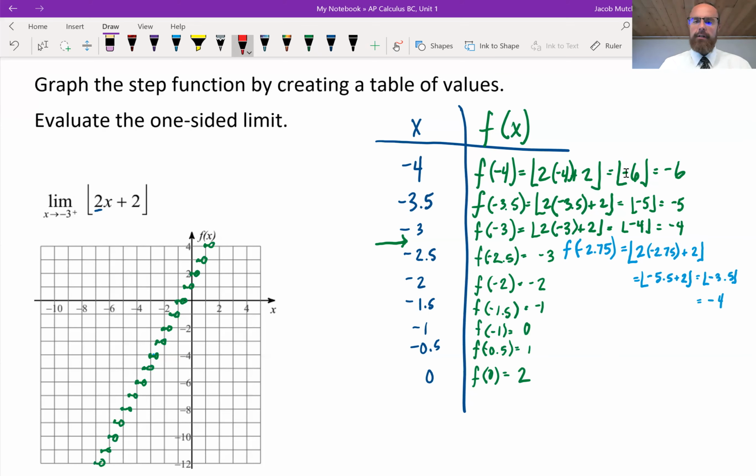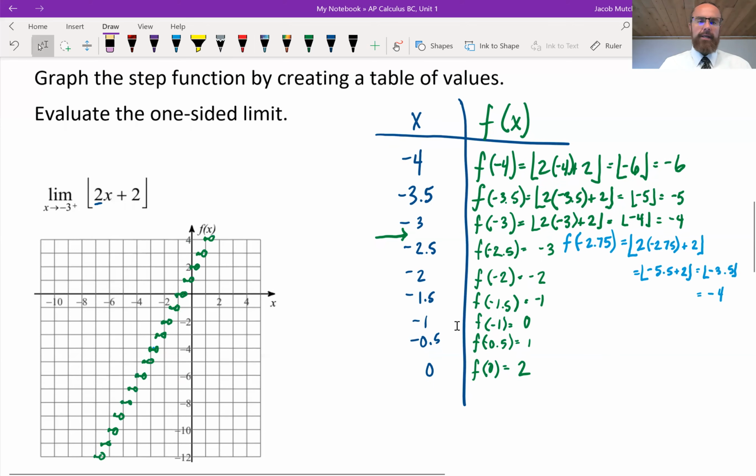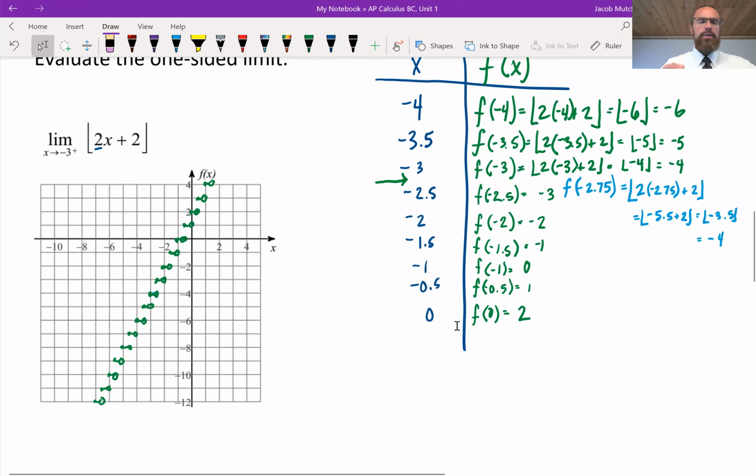We need to evaluate the limit based on what we see in the graph. So again, we're saying, what's the limit as x approaches negative 3 from the right? So here's the x value of negative 3. And what we're looking at is, what is the y value as we approach the x value of negative 3 on the function from the right-hand side?